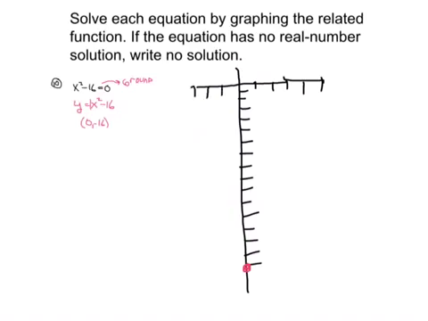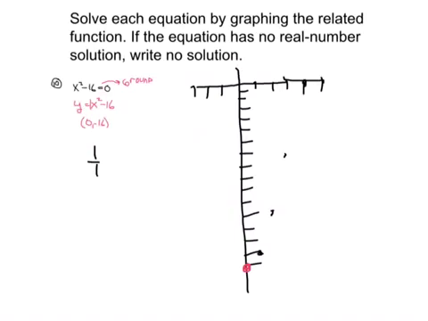Our a value is 1, so we're going up 1 over 1 to both sides. And then we're going to go up 3 over 1, up 5 over 1, and up 7 over 1.